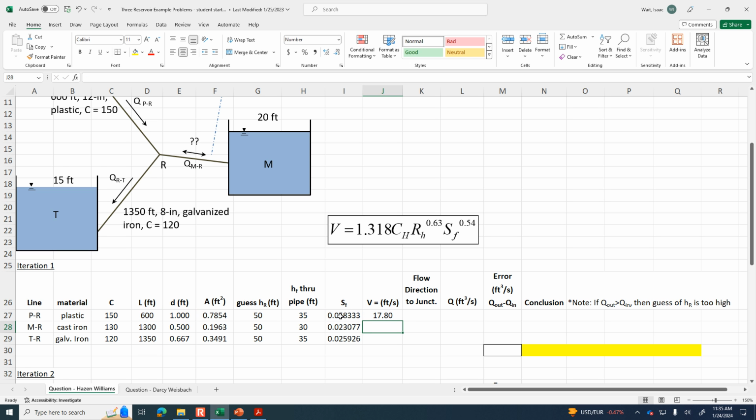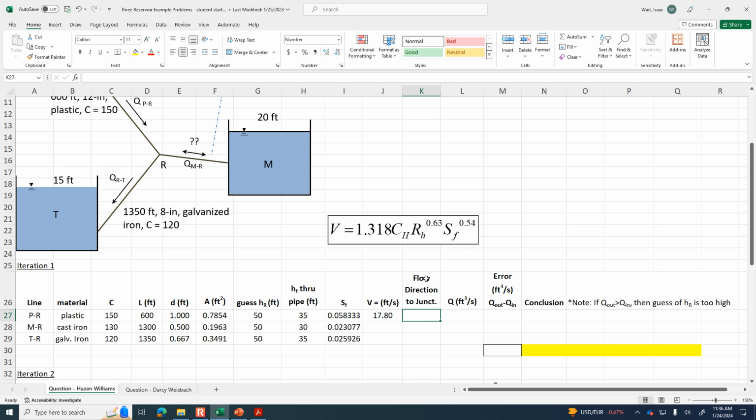So that tells me if the head at R is 50, then the head loss is 35. If the head loss is 35, then the slope of the energy grade line is 0.058. If that's the slope of the energy grade line, and based on the material and the diameter, then the water would be flowing 17.8 feet per second.